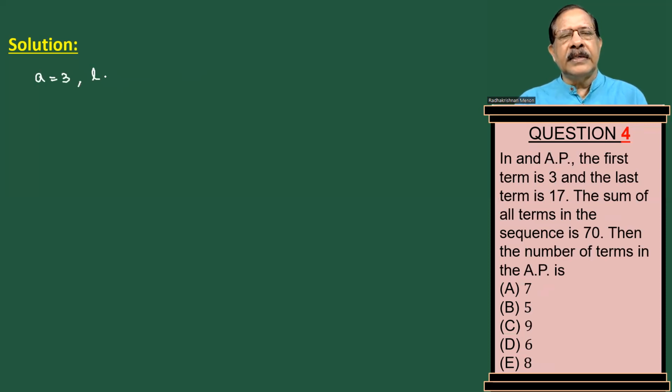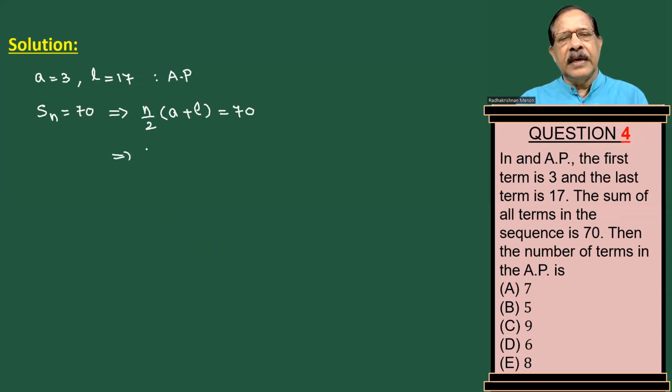Last term we call it L equal to 17. So the given sequence is an arithmetic progression. Sum of all terms Sn is equal to 70. You know the formula: Sn is n by 2 into (A plus L), first term plus last term, equal to 70.